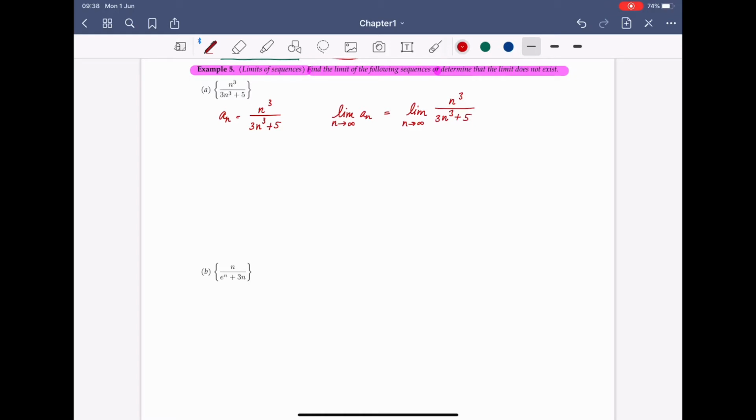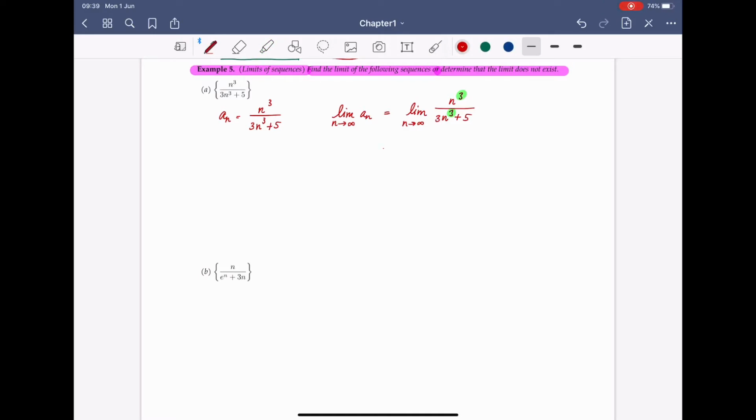If you remember the technique from Calculus 1, when we see the limit as n goes to infinity of a ratio of polynomials, what I usually do is look at the highest power in the numerator and the highest power in the denominator, which is the third power on the top and the third power on the bottom. Then you can just divide everything by n cubed.